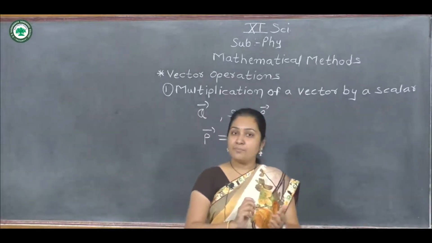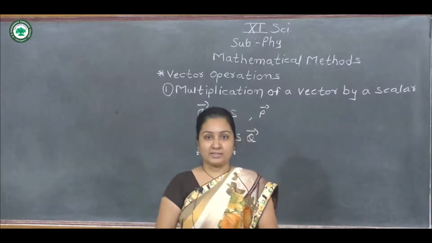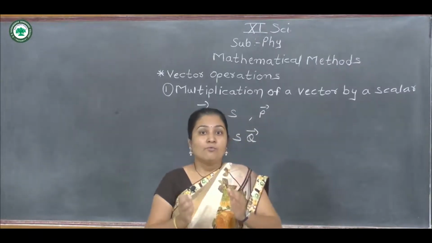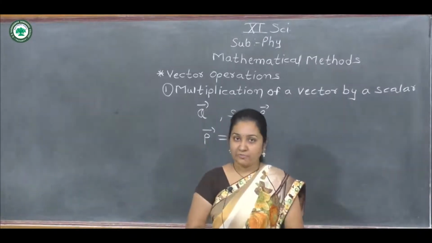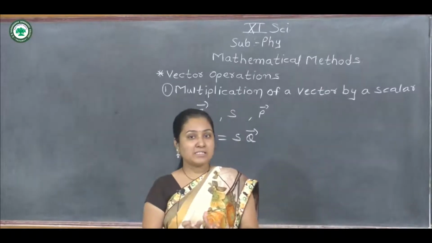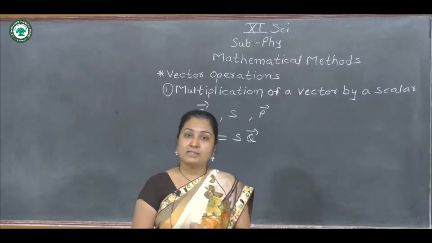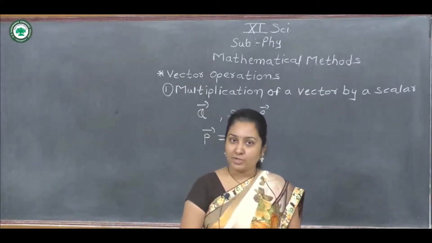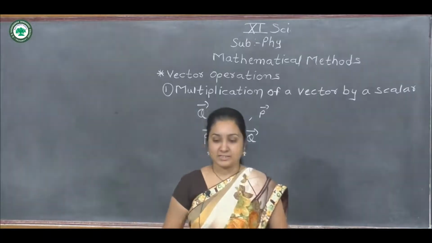Then suppose we have two or more vectors at the same time, and we have to find the resultant of these vectors. Then we have to perform addition or subtraction on the vectors. So the second vector operation that we are going to study is addition or subtraction of vectors.